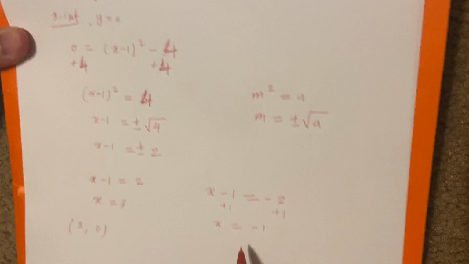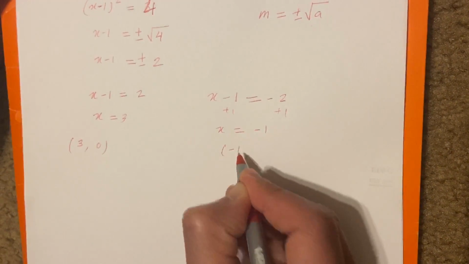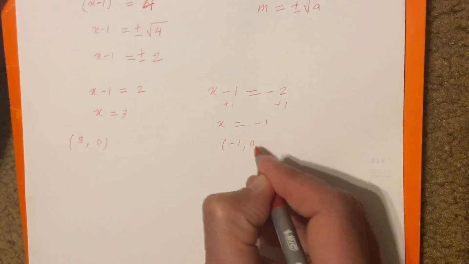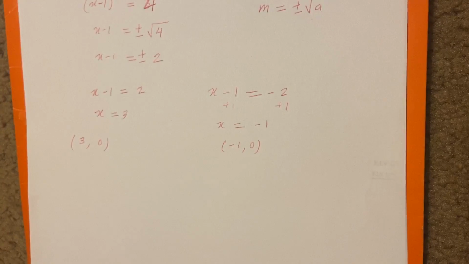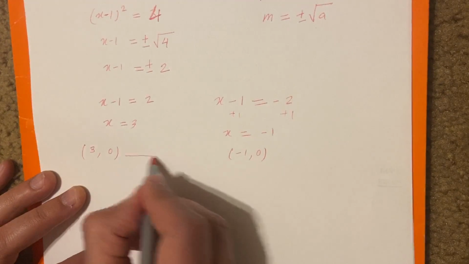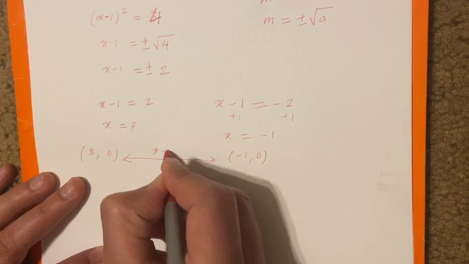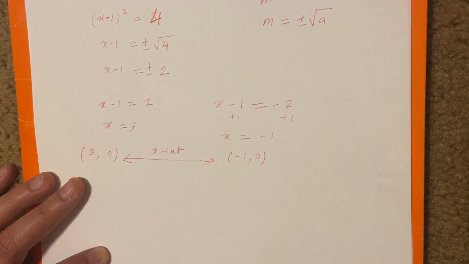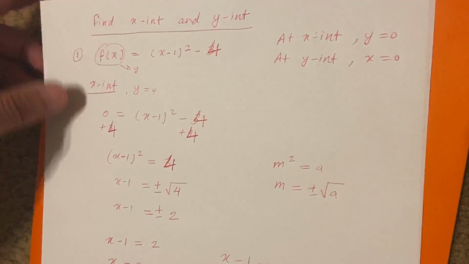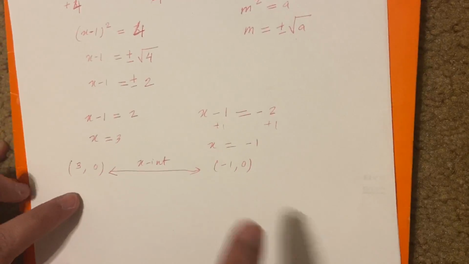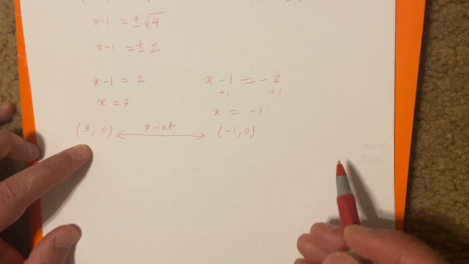Another point is negative 1, comma 0. This is how you can find them. These two are the x-intercepts.